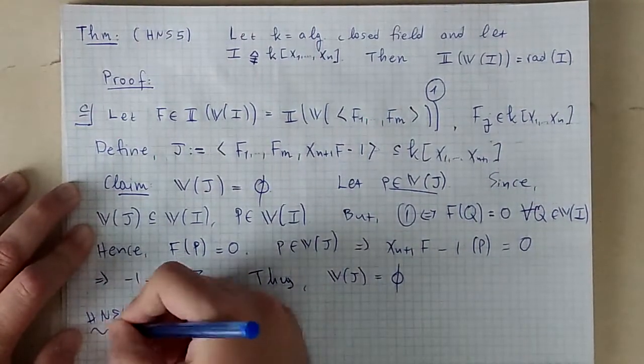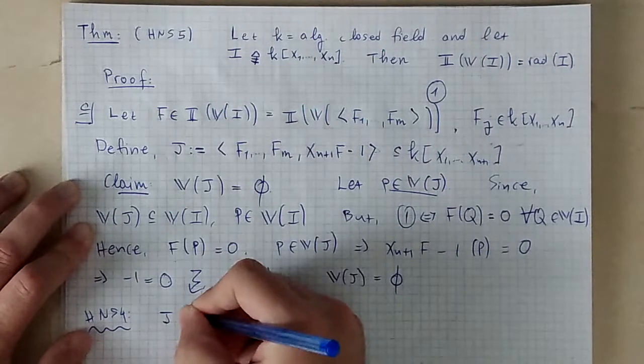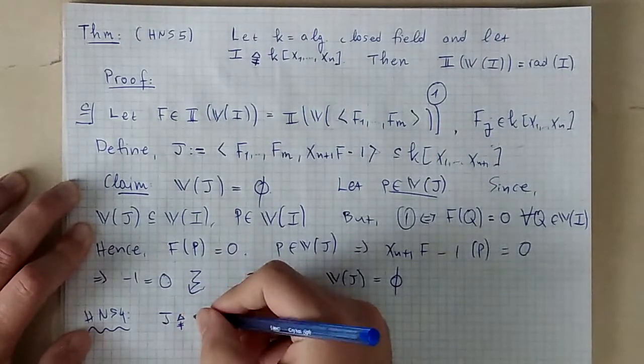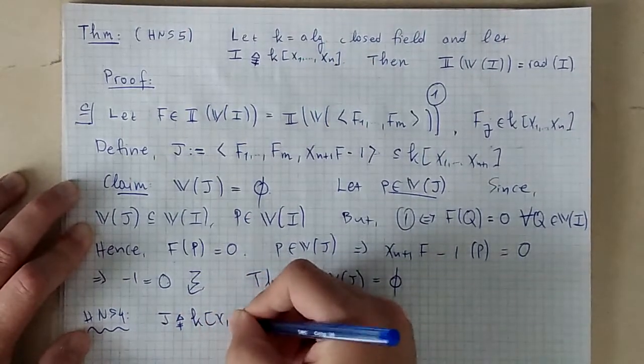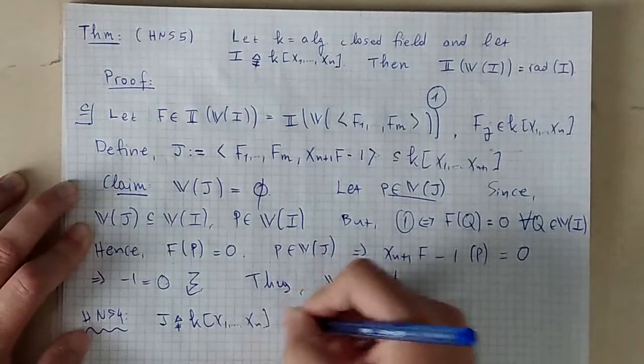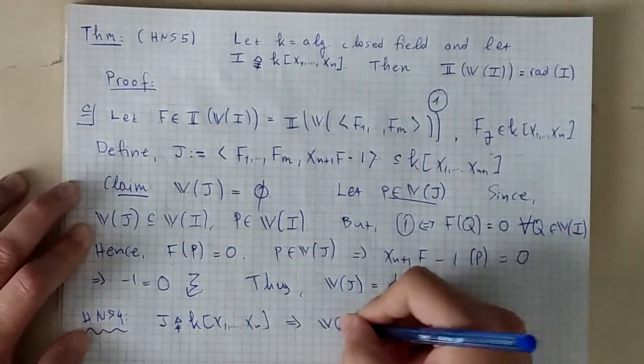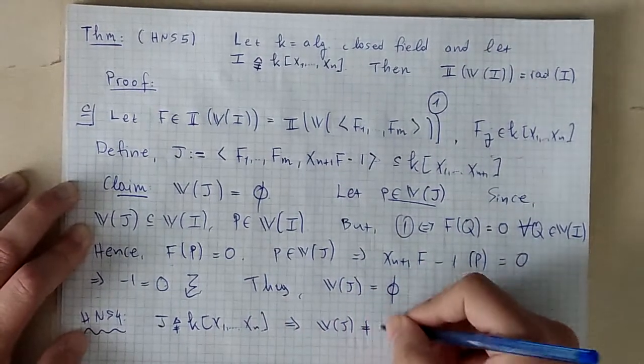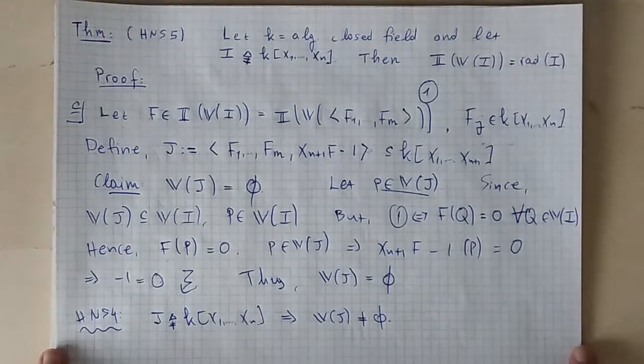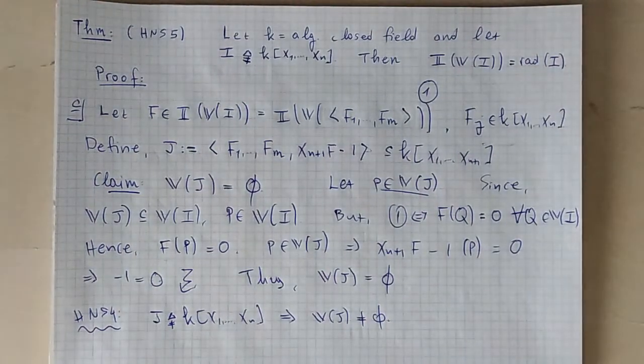So the fourth version said that if J was a proper ideal in some polynomial ring, then V of J was not the empty set, right? This was the fourth version of Hilbert's Nullstellensatz.